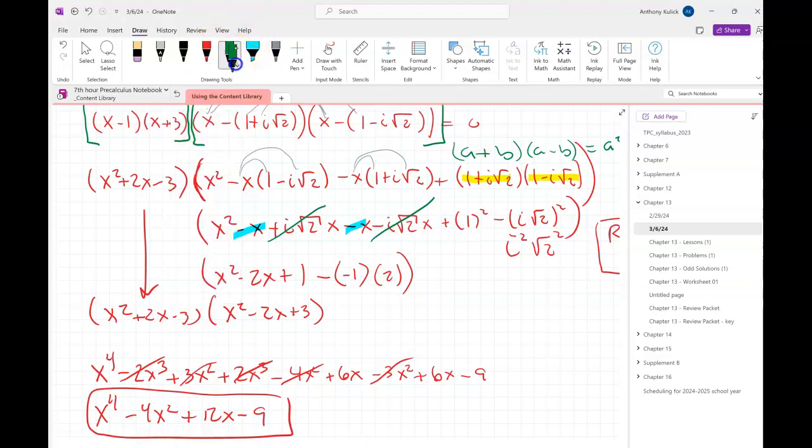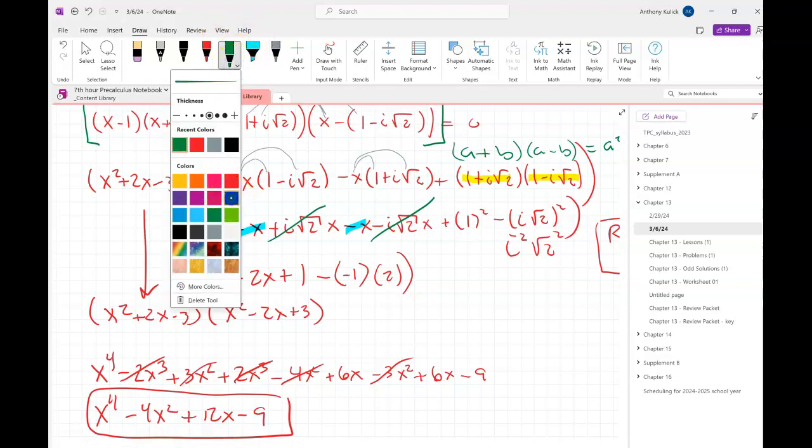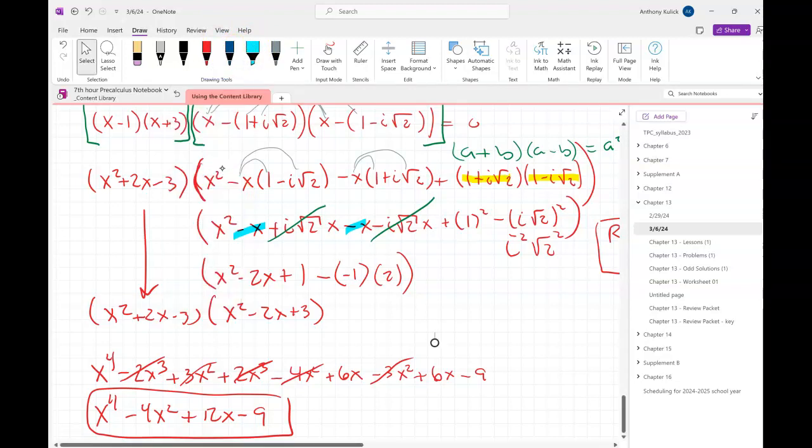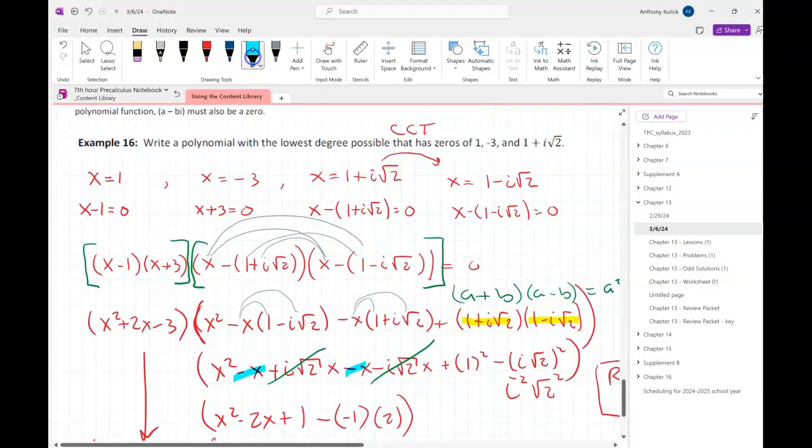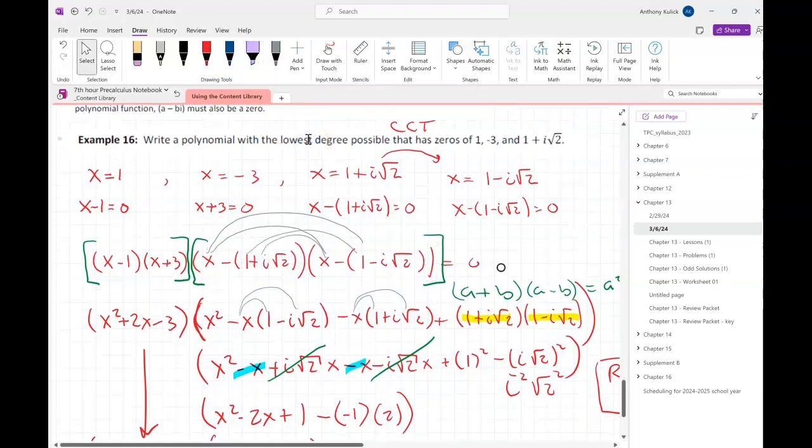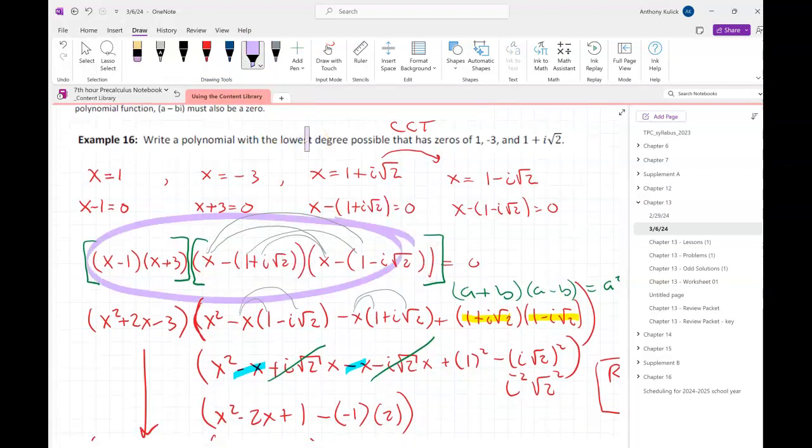Oh my God, Mr. Kulik, that was like the never-ending problem. That was so excruciating. Here's the deal, though. When it comes test time, when I ask you to do this, that's enough. At that point, you've used all the theorems, you've given me the good answer.